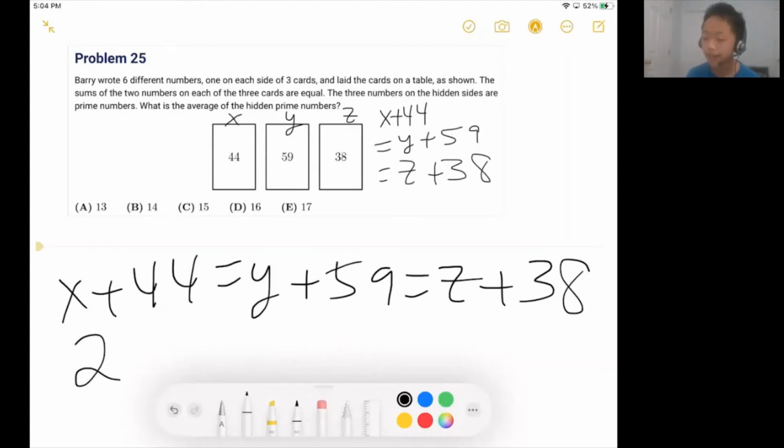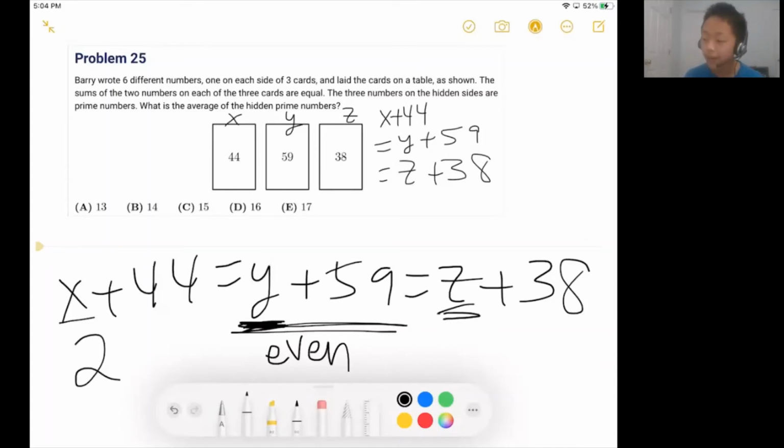So basically the idea is, notice that if Y was an odd number, like most prime numbers are odd except 2, which is even. So if Y was an odd prime number, then Y plus 59, we would get an even number, right? The sum of 2 odd numbers is equal to an even number. But if Y plus 59 is an even number, then that tells us that X and Z are both even numbers as well.